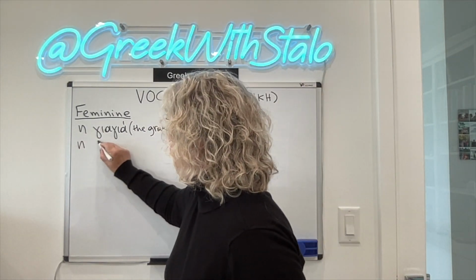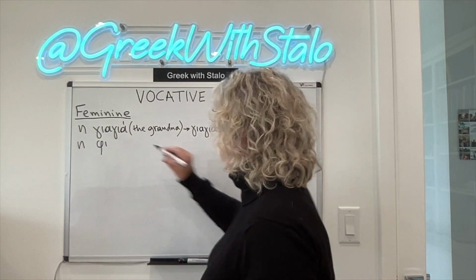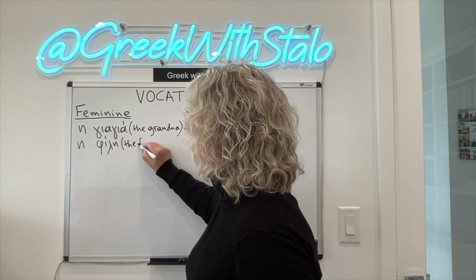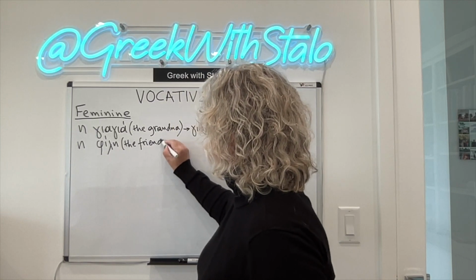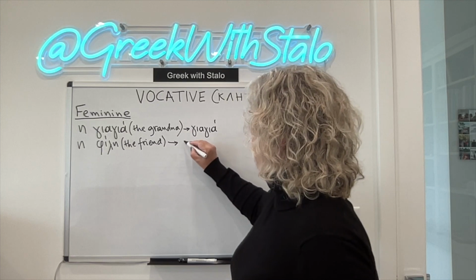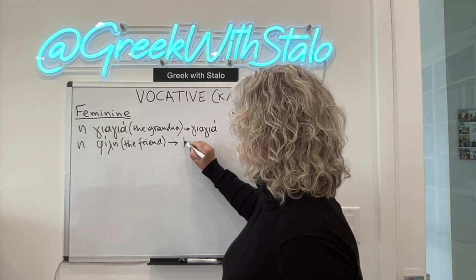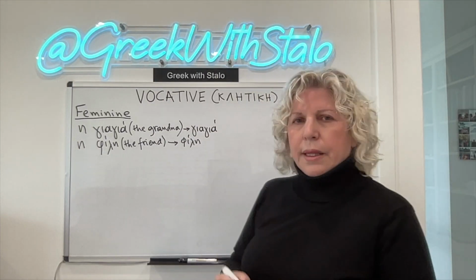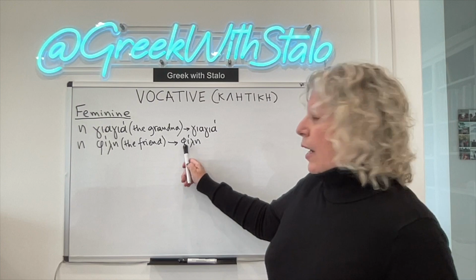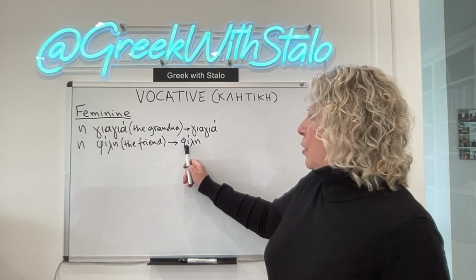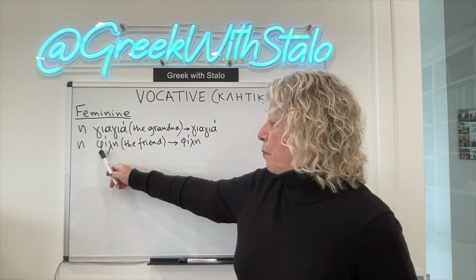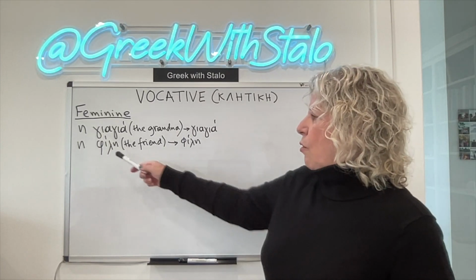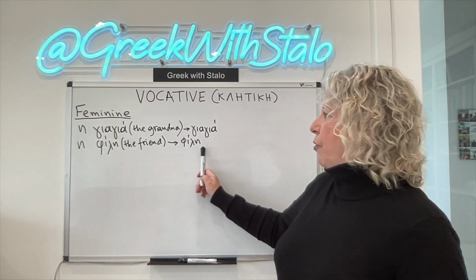Η φίλη, the friend, becomes φίλη in the vocative. I wrote the phi like this because I think that's how you're used to it. Sometimes you can write it like this. Phi is the same. So, η φίλη, the friend, φίλη.